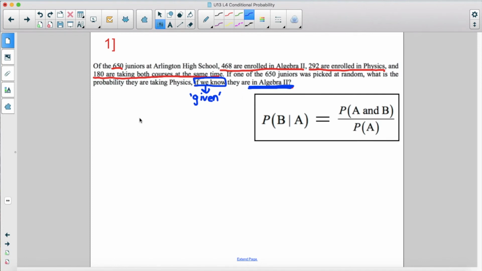So let's first outline what A and B is going to represent. So A is our given, okay, because remember this is said B given A. So we're given that they're in Algebra 2, so we're going to label A as Algebra 2. B is going to be Physics.